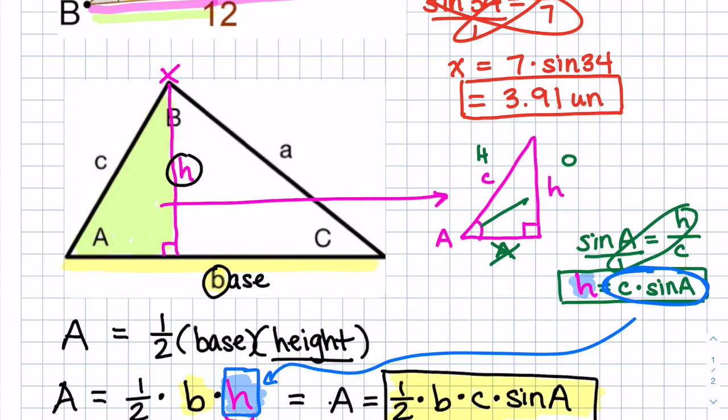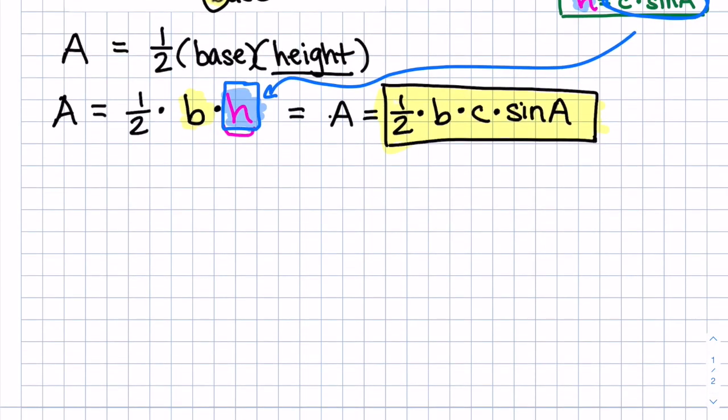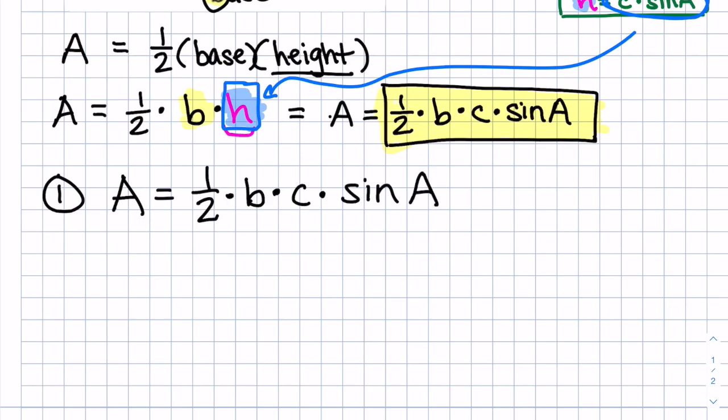So if we don't know the height of the triangle, we can embed it by using this formula, okay? So again, just like a lot of our formulas, there's a couple different versions. So this is version 1. Area is equal to 1/2, and notice the letters. So this is little b, little c, sine big A, right?